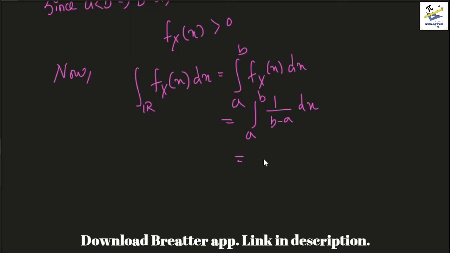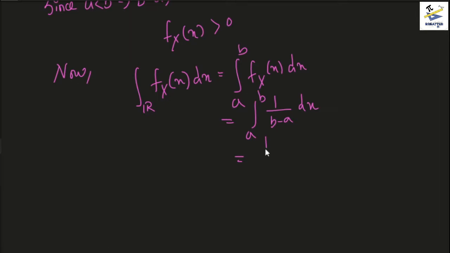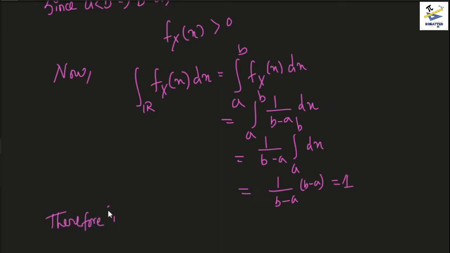So this will give us 1 by b minus a, which is a constant, so we are basically integrating from a to b dx. Now the integral from a to b of dx is basically the length of the interval, which is b minus a. Since b minus a is positive and never 0, it becomes 1. Therefore the total probability is 1, therefore it's a PDF.